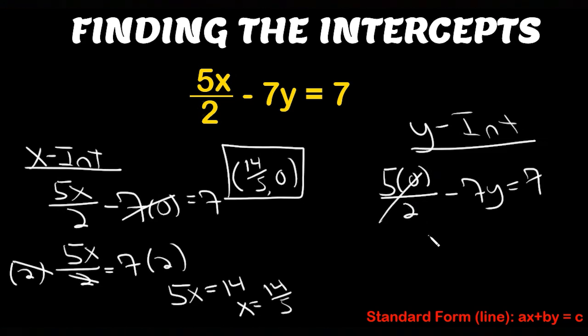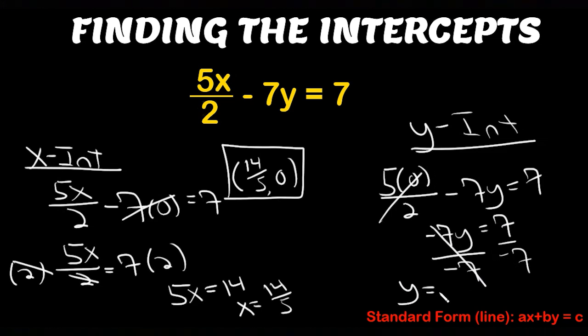And here we have negative 7y equal to 7. So my last step here, I have to get rid of that -7. It's multiplication, so divide by -7. And so what ends up happening here? This will cancel. A positive divided by a negative is negative. So 7 divided by -7 is -1, okay? So y is equal to -1. Writing that as a point now, I'll have (0, -1).